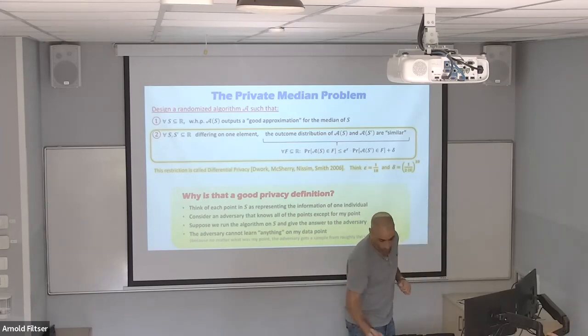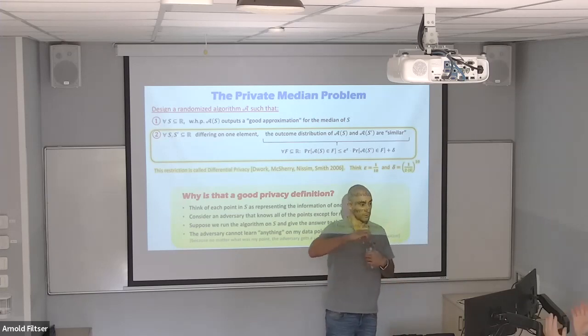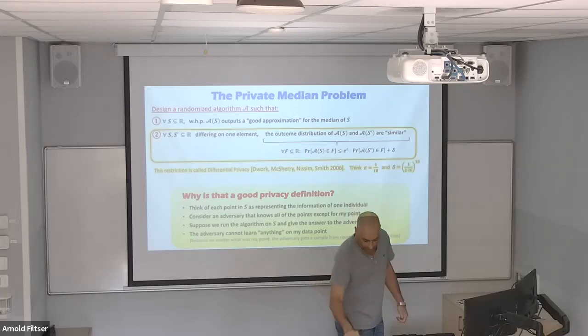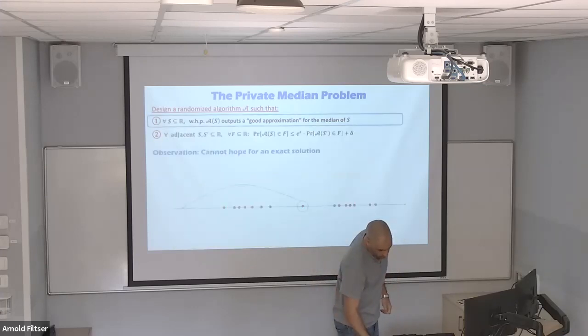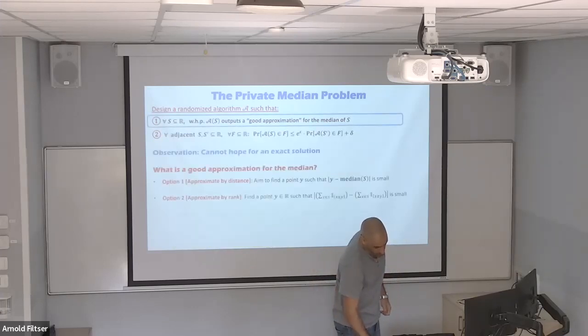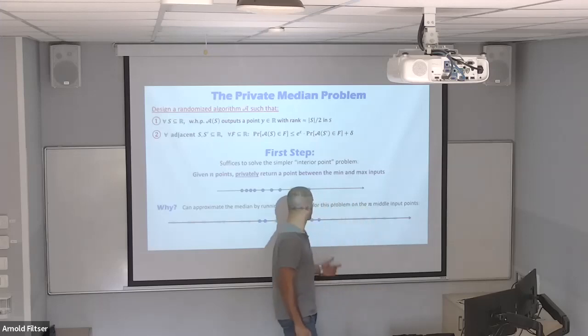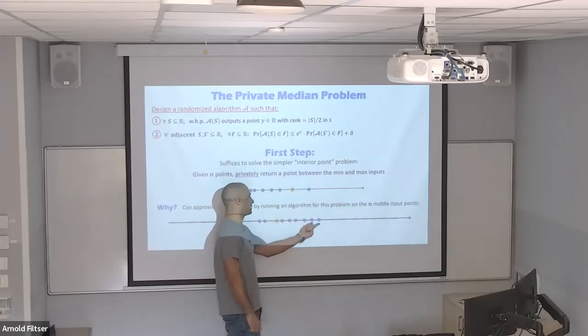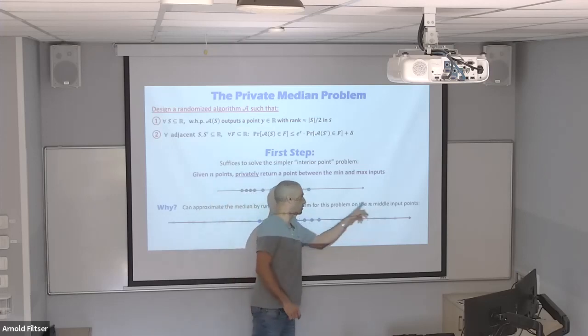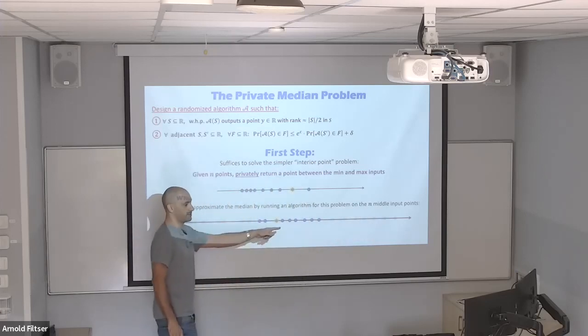Let's say that you can solve the interior point problem using n points. Then you take a data set of, I don't know, 1 million points, you just keep the middle n points and you find an interior point of them. That's a valid outcome for the interior point problem, and it's going to be a great output for the median problem.